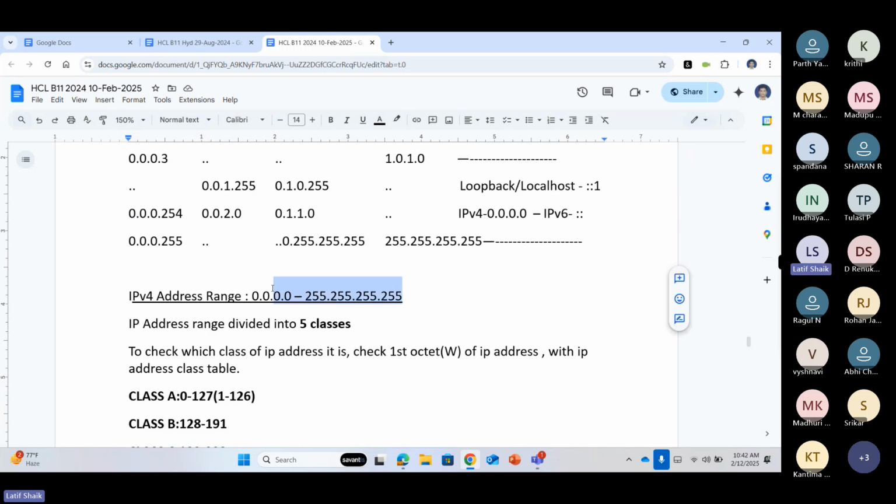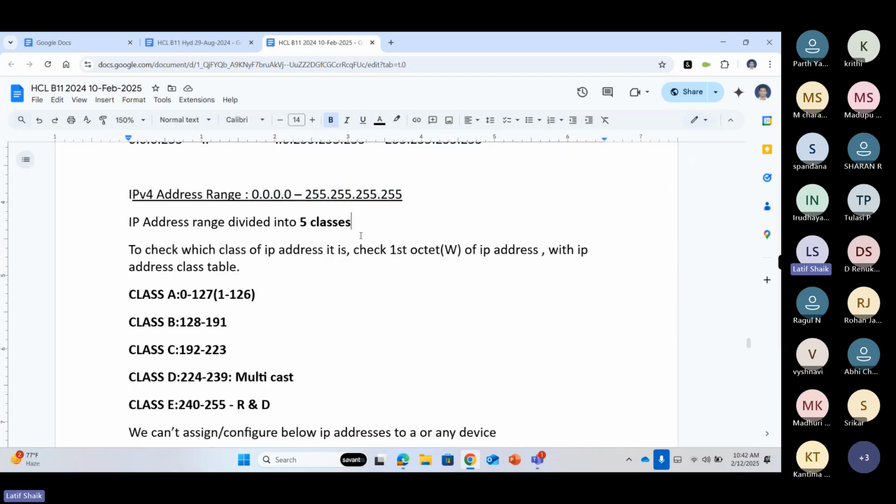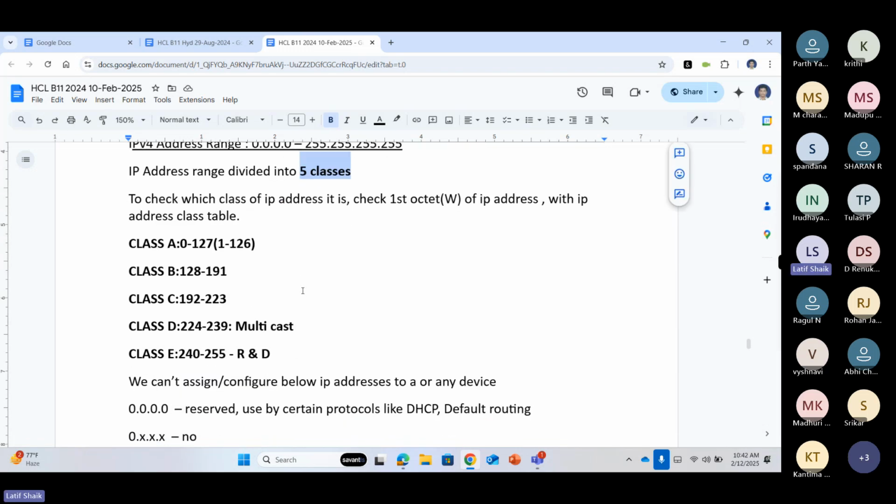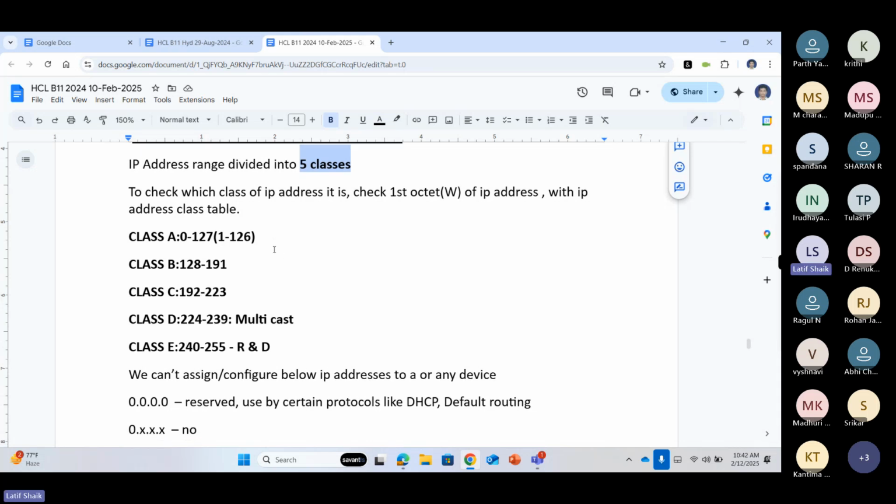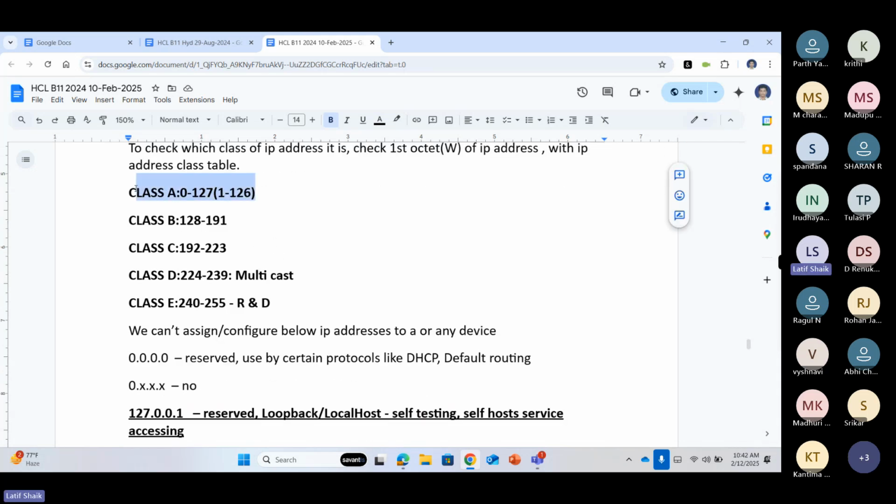This entire range we divide into 5 classes: class A, class B, class C, class D and class E. The class A range is 0 to 127, class B is 128 to 191, class C is 192 to 223, class D is 224 to 239, and class E is 240 to 255. Class E is reserved IP addresses.